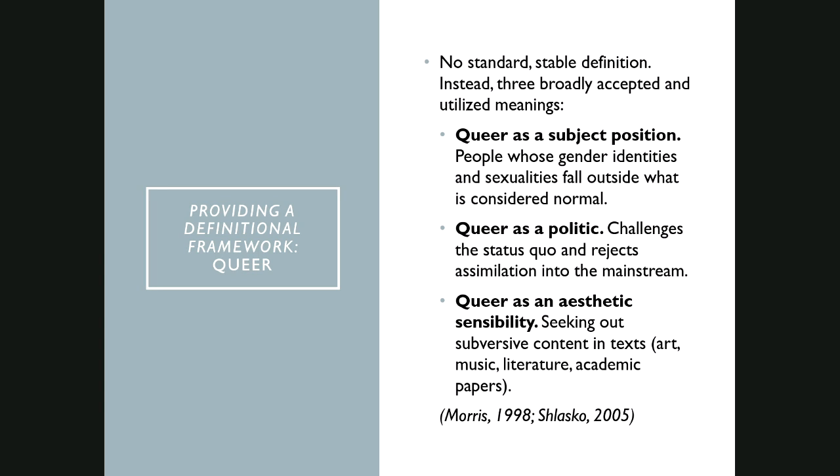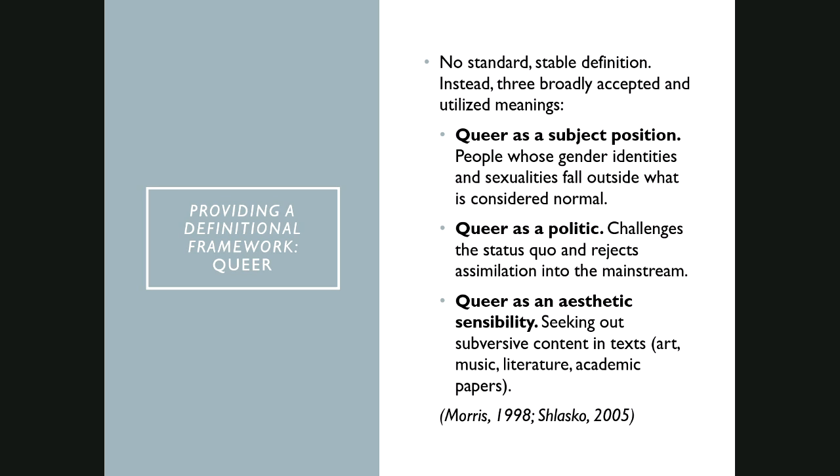That's often why there's an emphasis in lobbying by groups like HRC that's placed on issues like marriage or serving in the military. In a way, this is rendering LGBTQIA plus people as quote unquote normal. So if you're adopting queer as politic, you're rejecting those sorts of narratives.